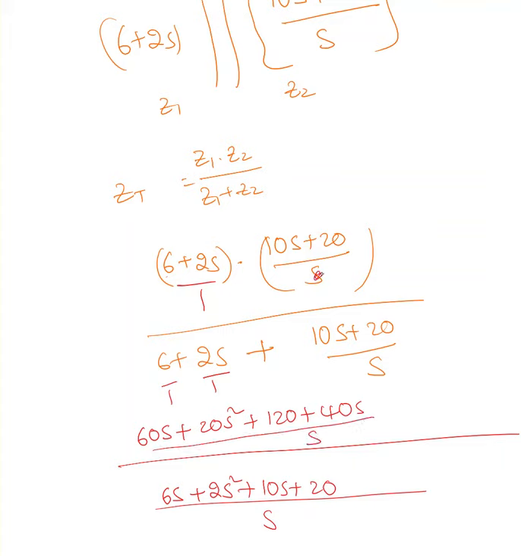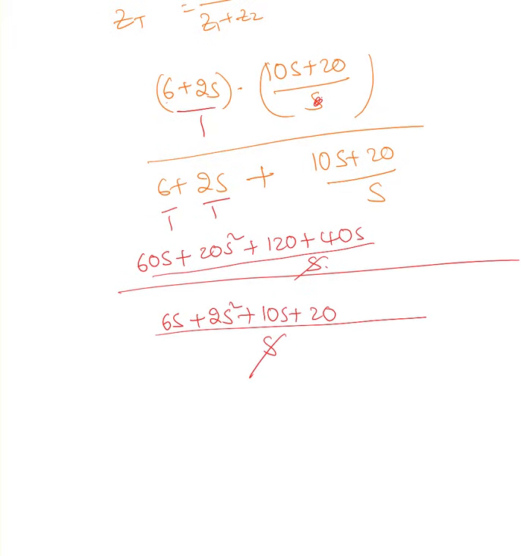I have this s, that s is written here. Now I can cancel out s and s. I end up with 2s square plus 16s plus 20 in the denominator. When it comes to the numerator, it is 20s square plus 100s plus 120. So this is the Z value.